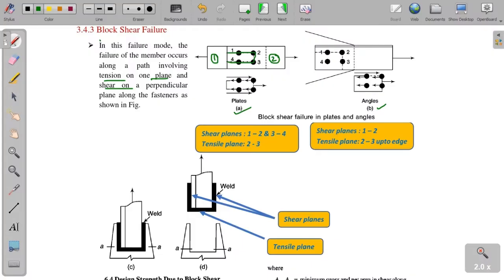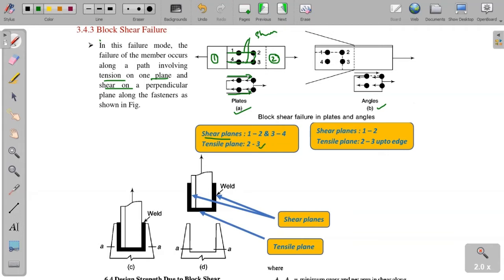The shear planes are nothing but 1-2 and 3-4. This and this are shear planes, so those planes are going to experience shear, whereas plane 2-3 is going to experience tensile force.